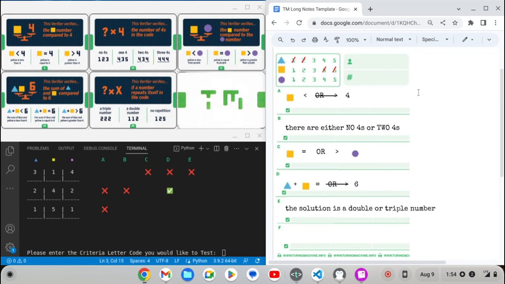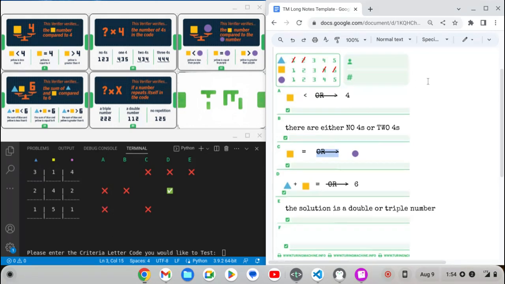Okay. And I guess let's go ahead and test C. Again, incorrect. So I do have square is greater than circle, so it must be equal. So it's not greater than, it must be equal to. Well, very interesting development.